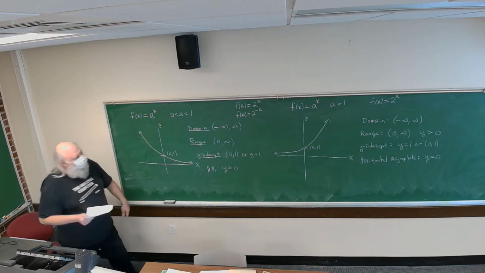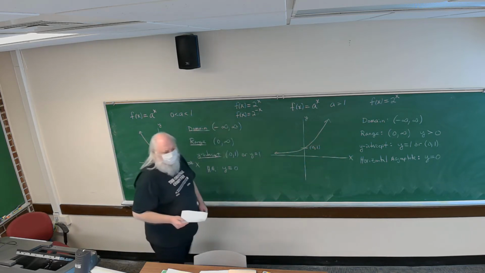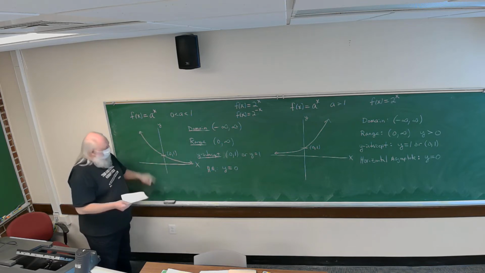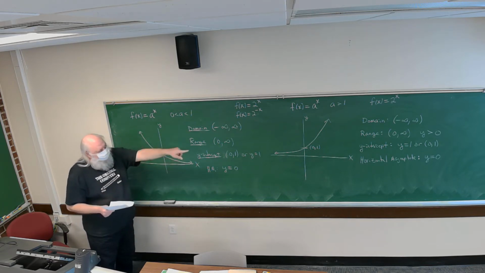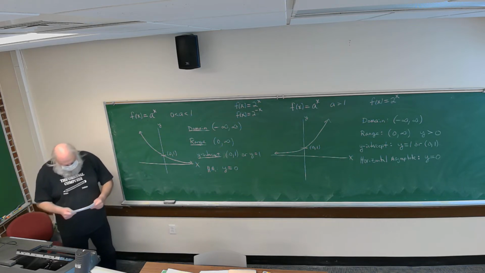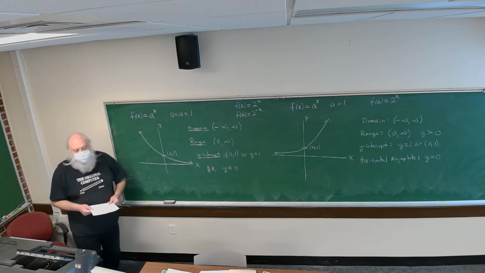Where a is greater than 1, the graph goes up from left to right. Where a is between 0 and 1, it goes down from left to right. So any questions on that?